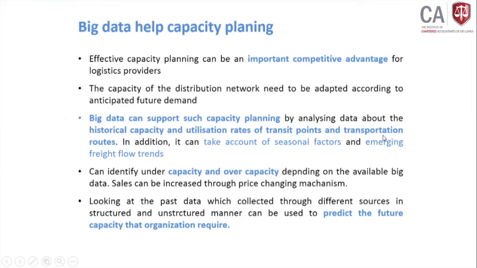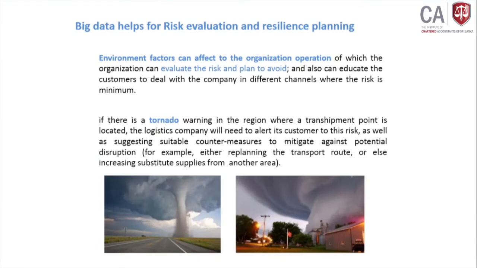So as I explained on the board, those transportation route issues also can be identified using big data, and the capacity of the distribution network needs to be adapted according to the anticipation of future demands. Whether it's undercapacity or overcapacity, predict the future capacity that the organization requires, all these things can be planned from big data.